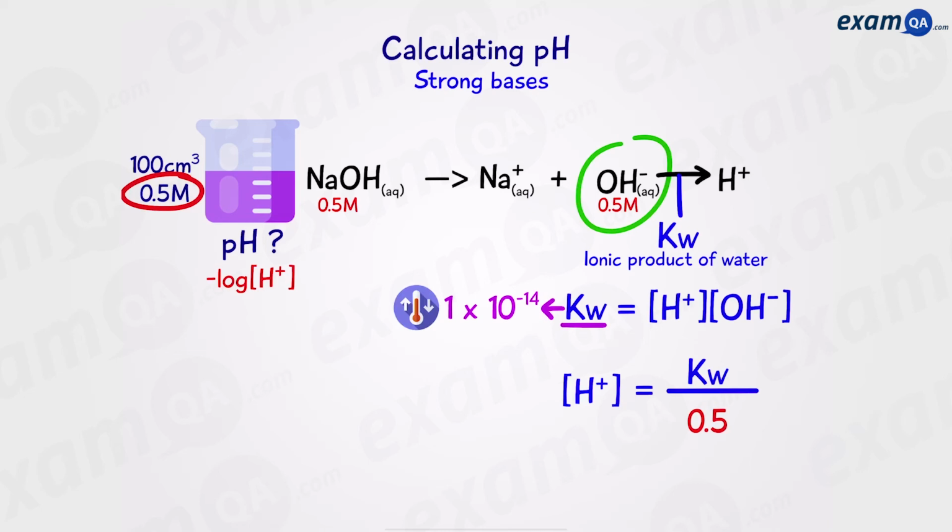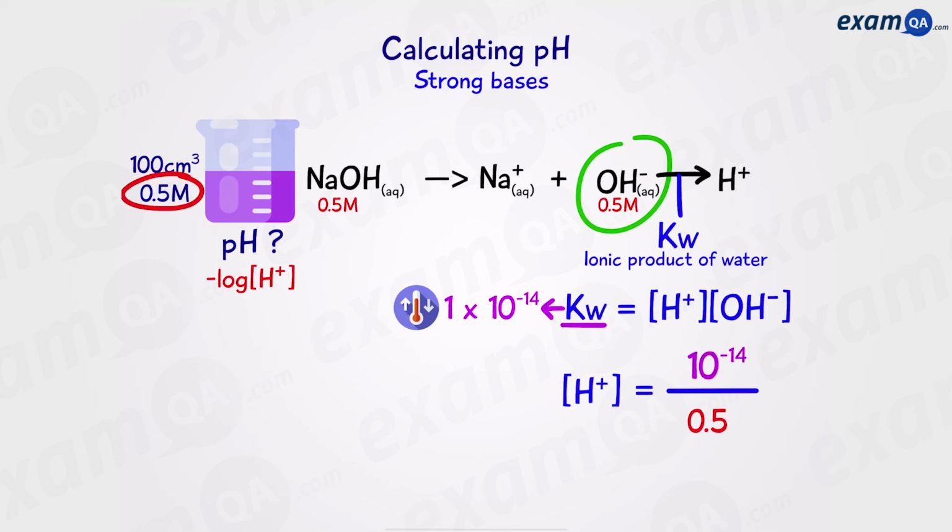So make sure you remember that Kw will change with temperature. And if the question is not at room temperature, in other words 25 degrees Celsius, for example it might be at 30 degrees, they will give you the temperature and the value for Kw. If they don't, you can just assume it's 1 times 10 to the minus 14.